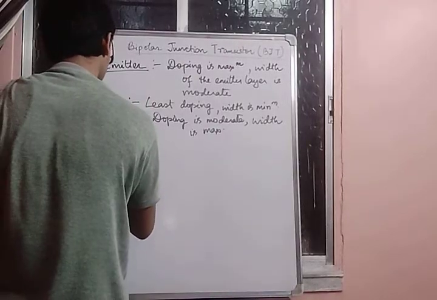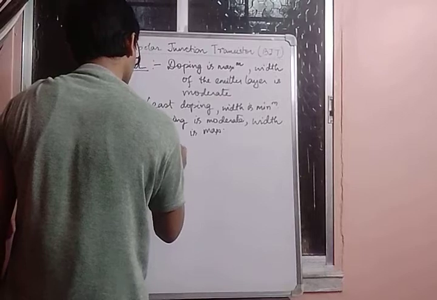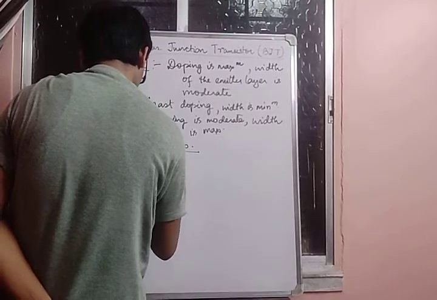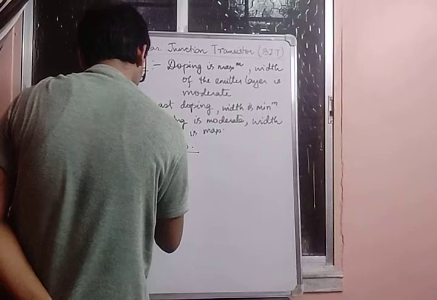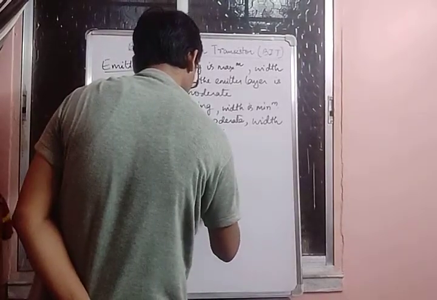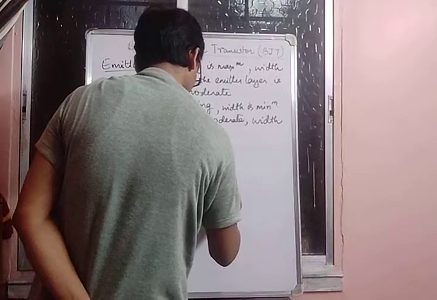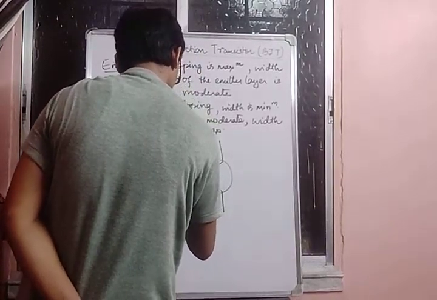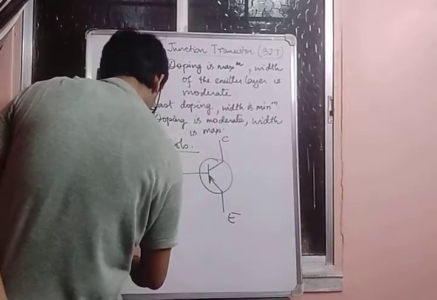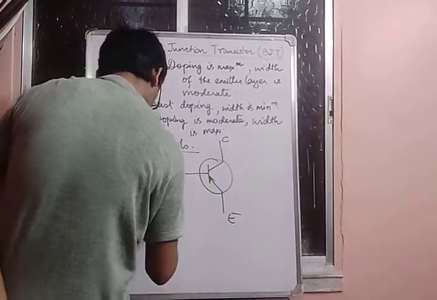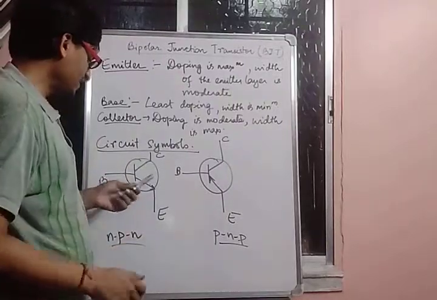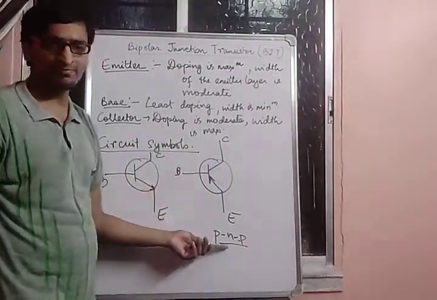So these are some symbols for your BJT. This one is a symbol for an NPN transistor. On the other hand, this one is a symbol for a PNP transistor.